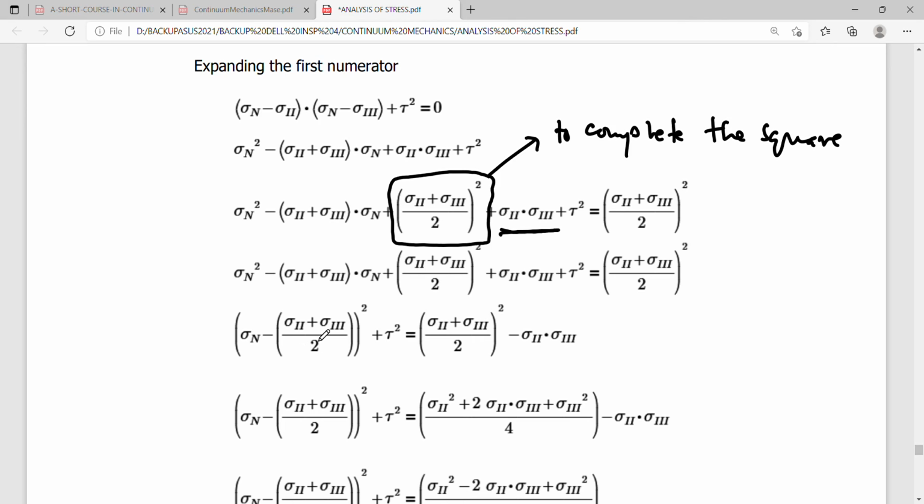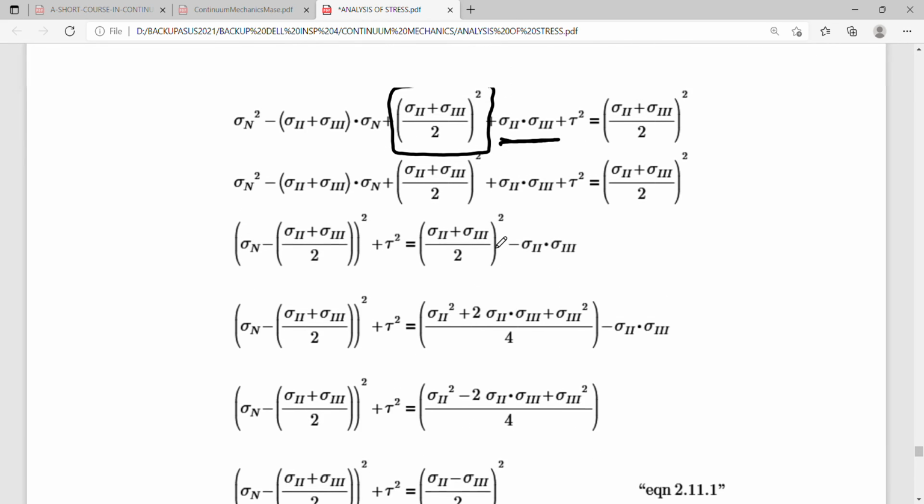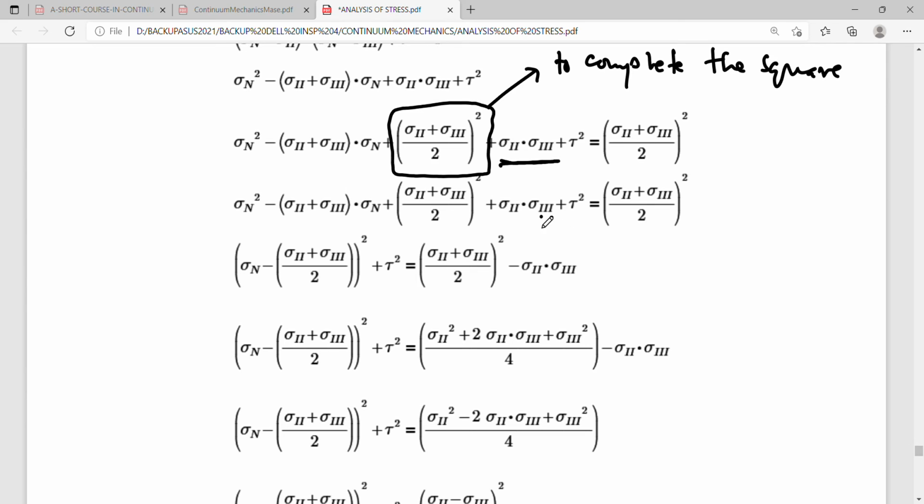So this is the perfect squared term here, no? So this is now a minus. So we place here this value on the other side for this to be a pure perfect square, with of course a tau there. The tau squared there is independent of this. So this is now a perfect square.